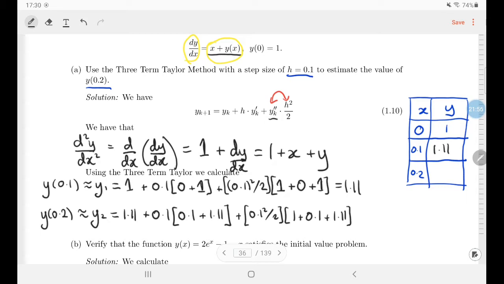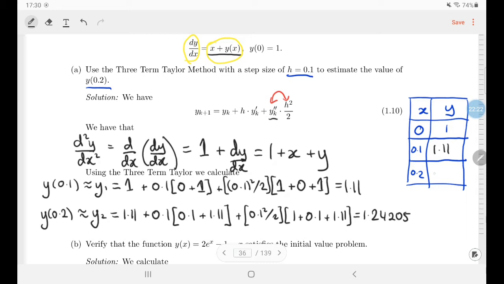So I get 1.11 plus 0.1 times (0.1 plus 1.11) plus 0.1 squared divided by 2 times (1 plus 0.1 plus 1.11). And what comes out is 1.24205.